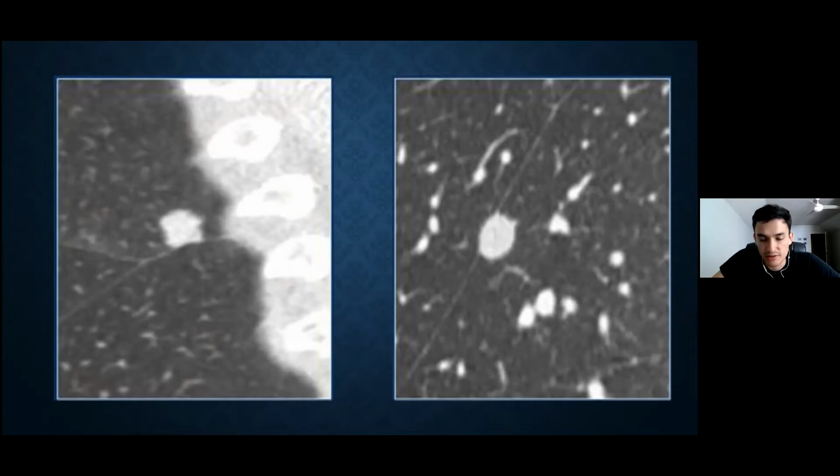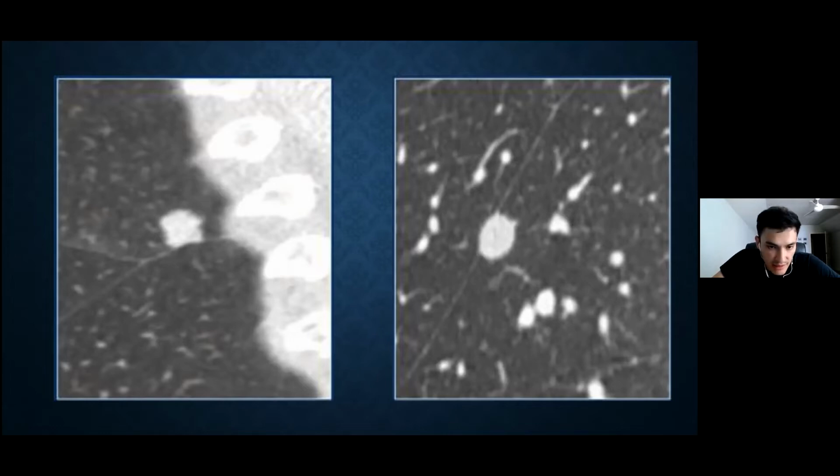It's important to identify all the characteristics I already described, because in this case, the shape is not typical. It's not triangular, it's not oval, flat, or lentiform. The margins are not well circumscribed or smooth.